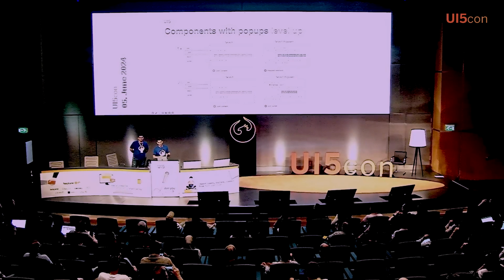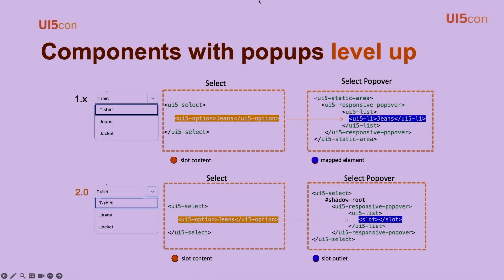It receives option web components inside, but on the other side, we don't render the option. It's treated like an abstract element. Instead, we render a list item reusing the content. And yeah, this leads to a lot of limitations, but luckily in version 2, as you can see in the example below, passing the same UI5 option now goes slotted to the responsive popover.